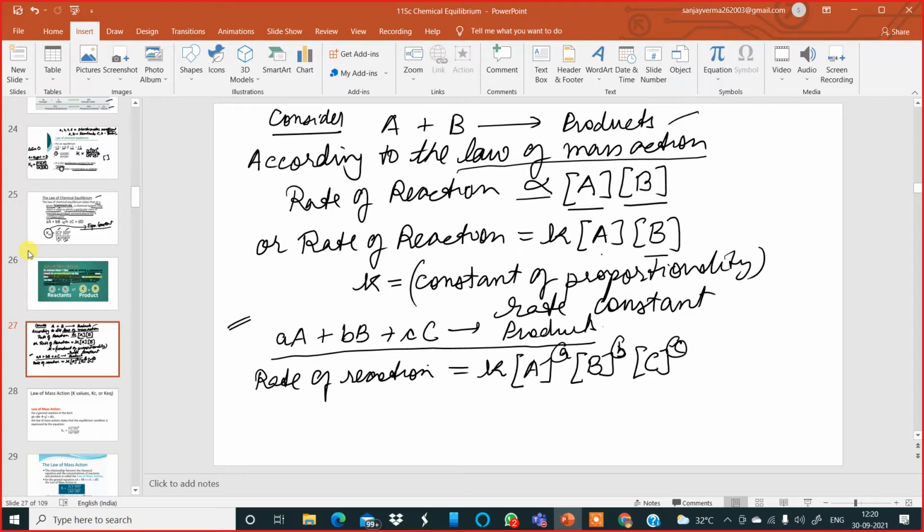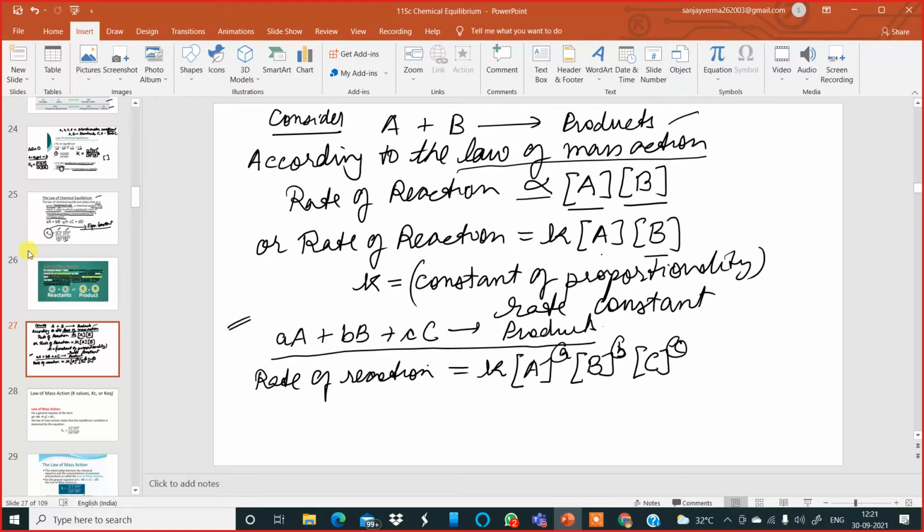That's why the people involved in the study of this law introduced the term active masses, assuming that the active mass of a substance in the solution or gas phase is equal to its molar concentration. Whatever is active in the reacting species is only taken into consideration. That's why we take it as active masses.